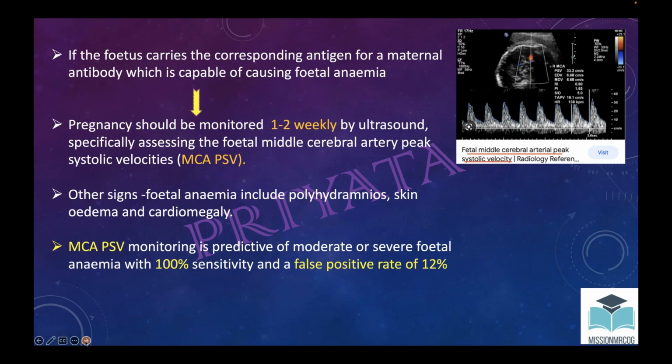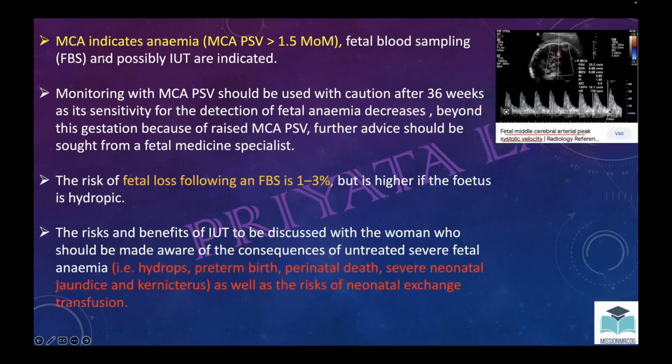Now, how is the interpretation done? Usually, if the MCA PSV is more than 1.5 MoM, multiples of median, then there could be a possibility of anemia. In that situation, fetal blood sampling would be done, and also intrauterine transfusion will be done to treat the fetal anemia.